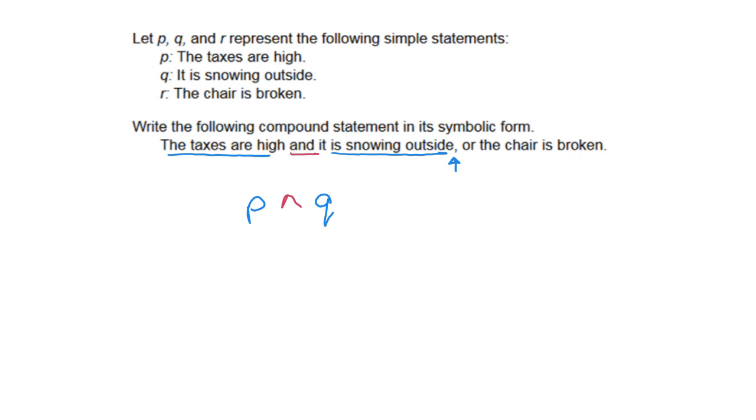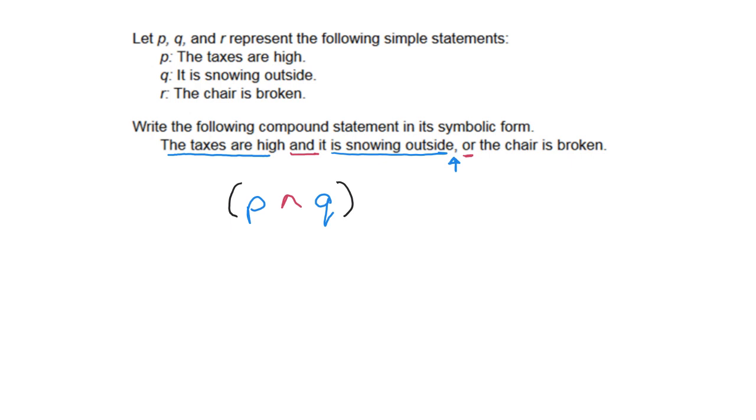Then we have our comma. We have the word or. So since you have a comma, it is basically grouping everything in front of the comma together. So we need to place our parentheses to group together this conjunction.